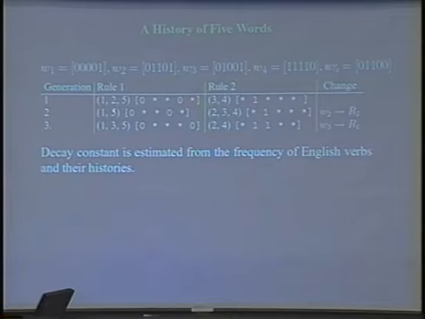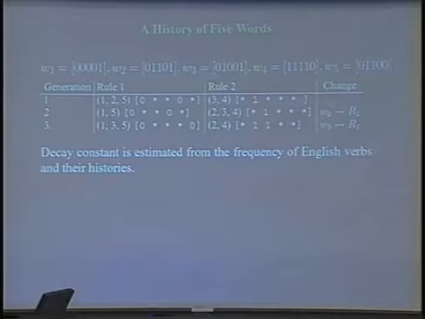If in generation 2, word 2 mutates into rule 2, it happens that the rules don't have to be changed. Whereas in generation 3, word 3 mutates into rule 1, and the rules have to be updated. So you remove that, and you replace the star with the 1 there.